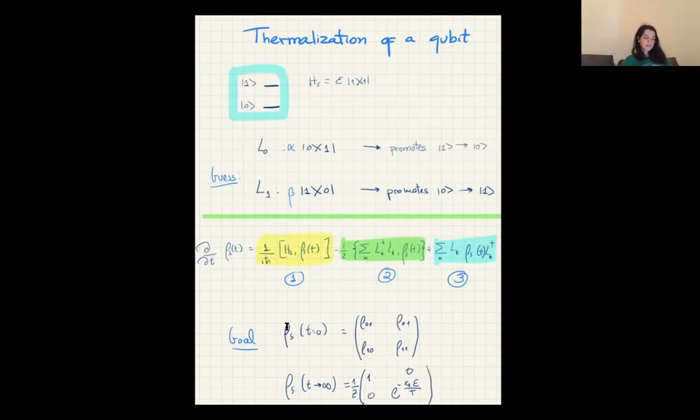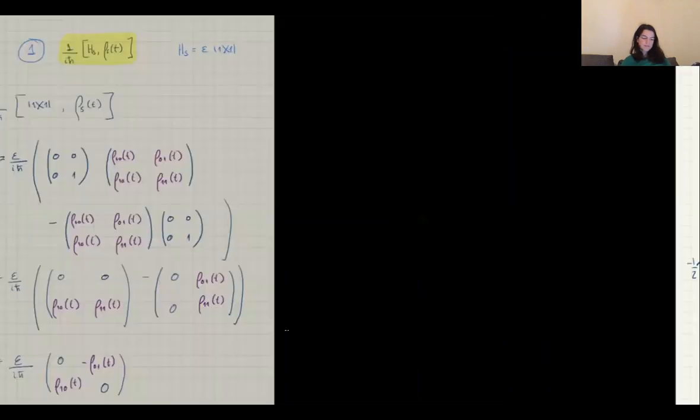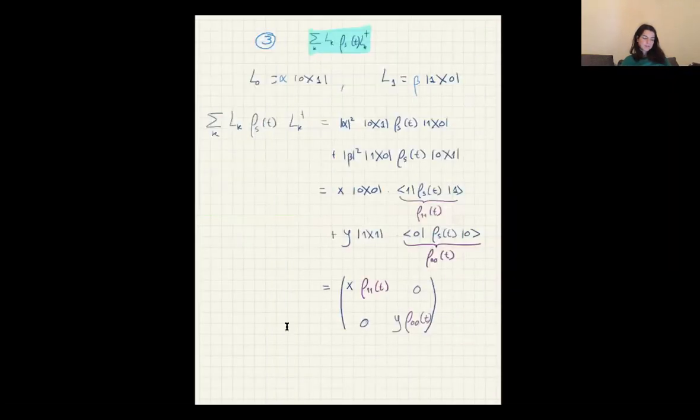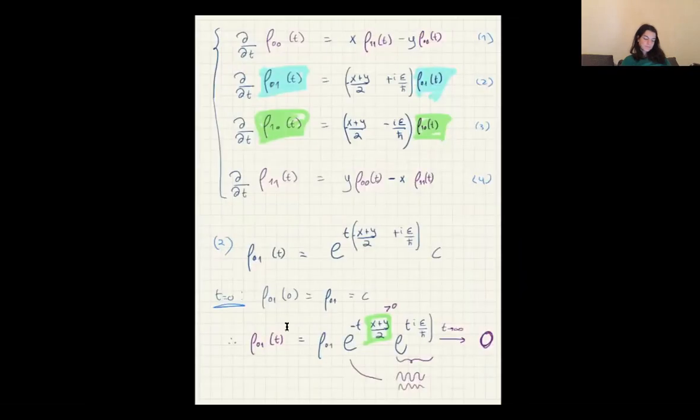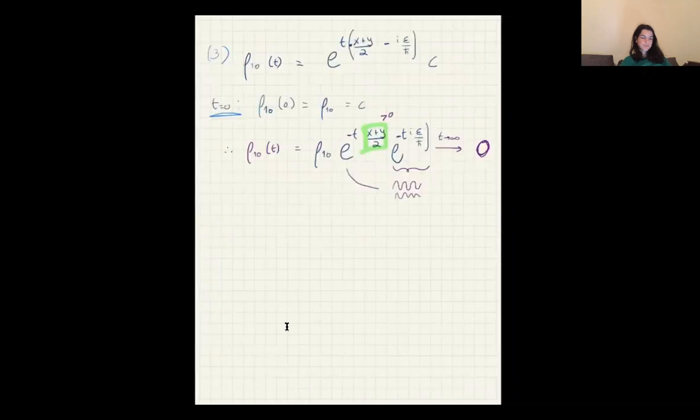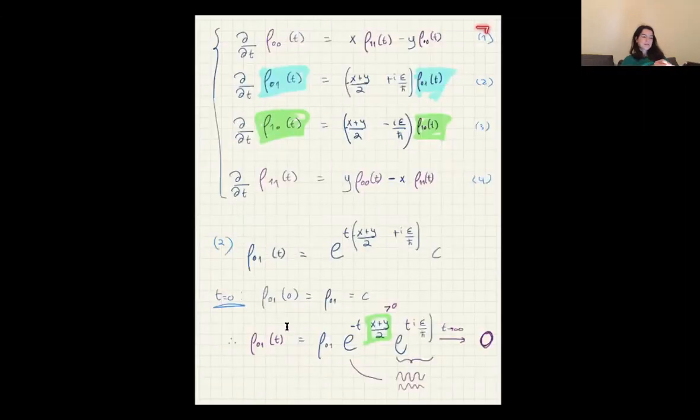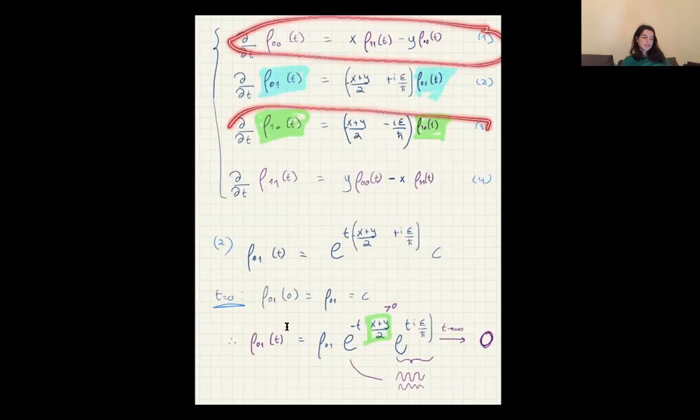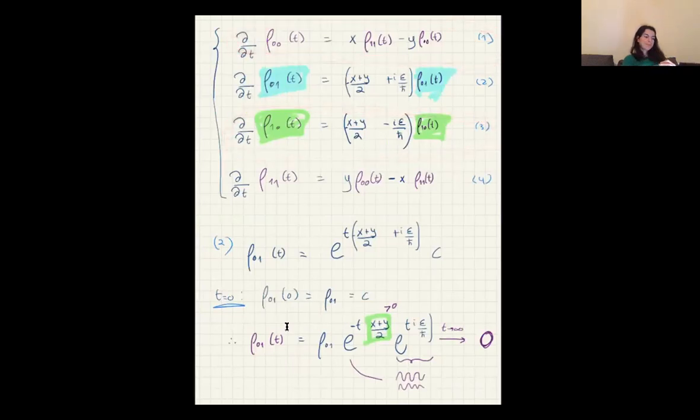So in particular, I need these off-diagonal terms to be 0, which is what we just achieved here, right? The top right term goes to 0 and the top left term goes to 0. Perfect. So now we have number 1 and number 3 to solve.